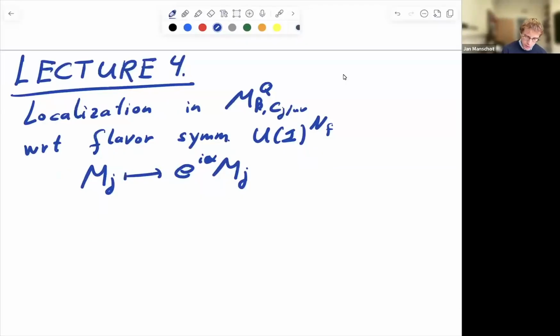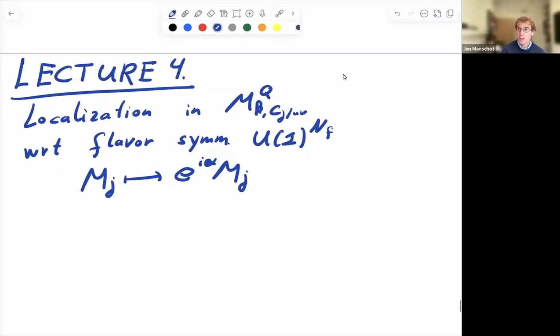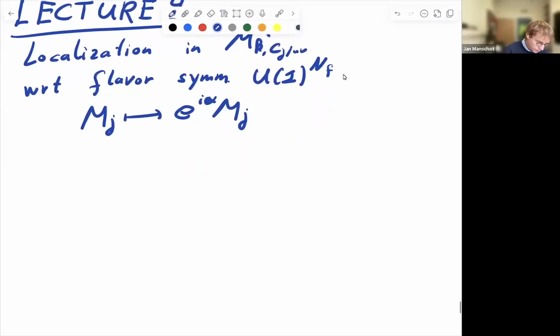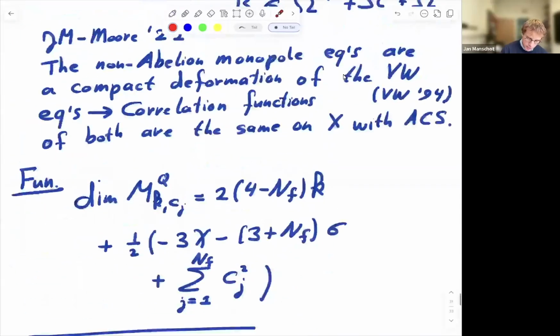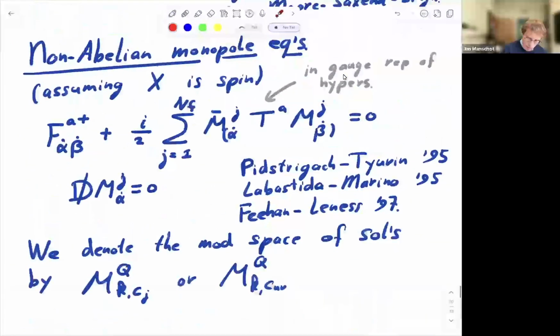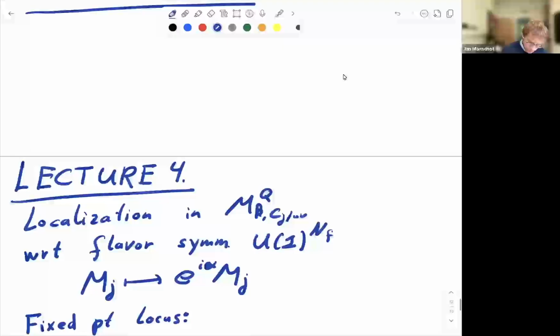And so we can look at the fixed point locus of this symmetry. One fixed point locus is clearly when M_j is equal to 0, then this term vanishes, and these equations are automatically satisfied. So then we are just back to the usual instanton equation, and that's what we call the instanton branch.